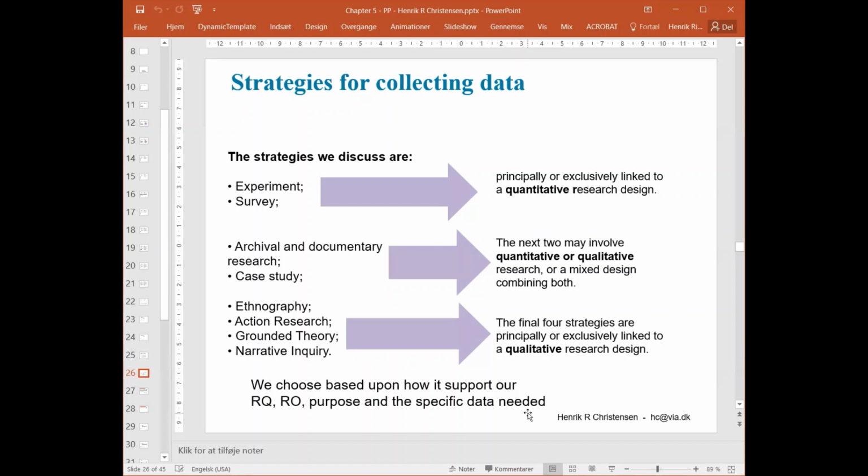If we, for example, know that we need to have a specific idea about what is the proportion of the Danish population who like Lego, then it doesn't matter that we are using action research or maybe a case study. We need to do maybe, or certainly a survey, maybe even we need to do an experiment.